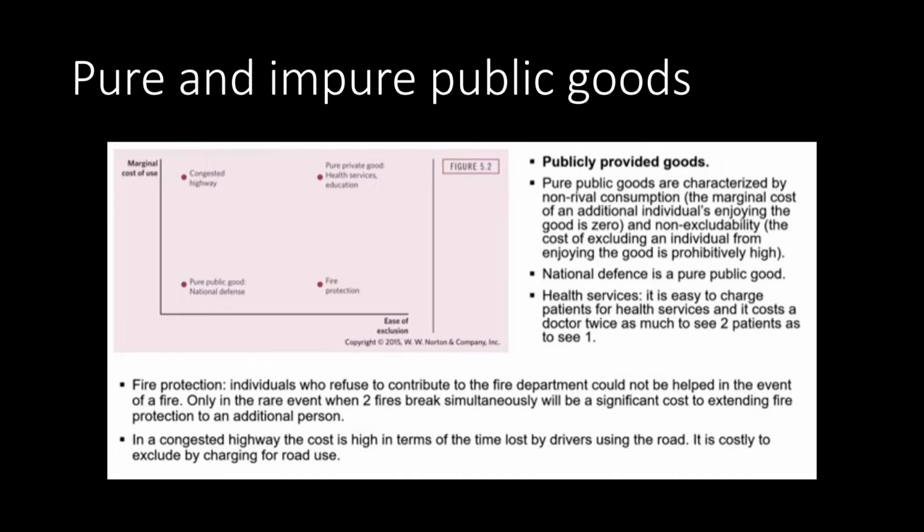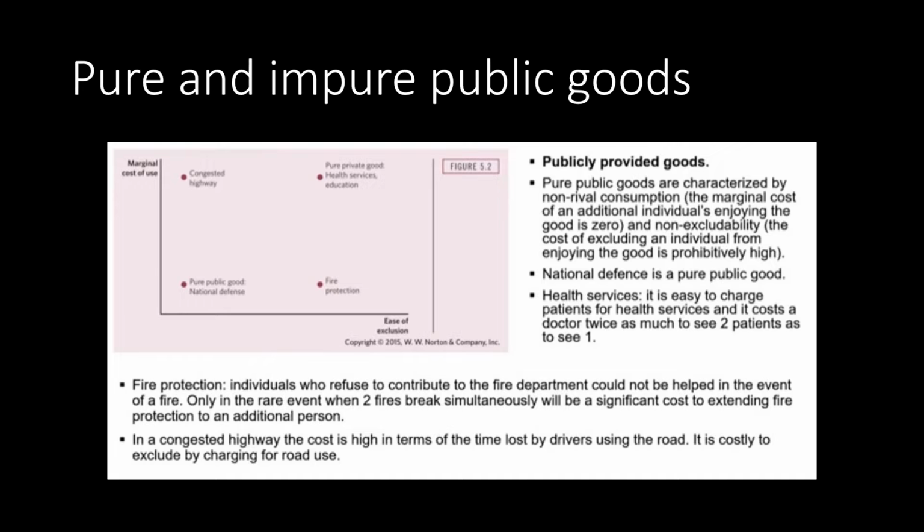Then we have fire protection. Here, individuals who refuse to contribute to the fire department could not be helped in the event of a fire. Only in the rare event where two fires break out simultaneously will there be a significant cost to extending fire protection to an additional person. So you can see fire protection here. The ease of excluding someone is high.